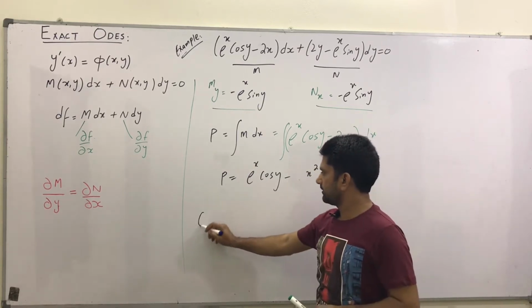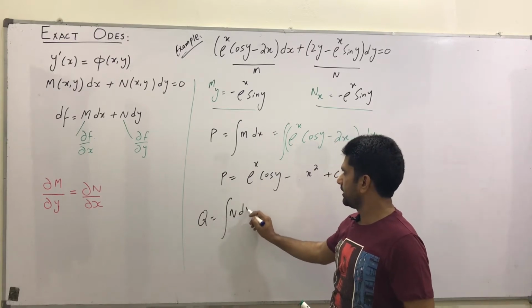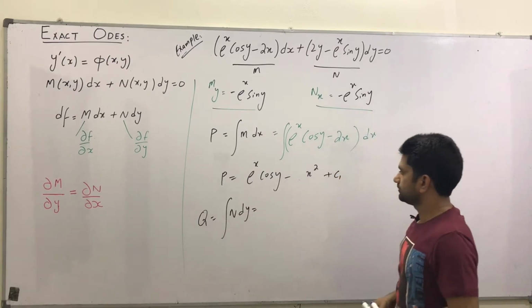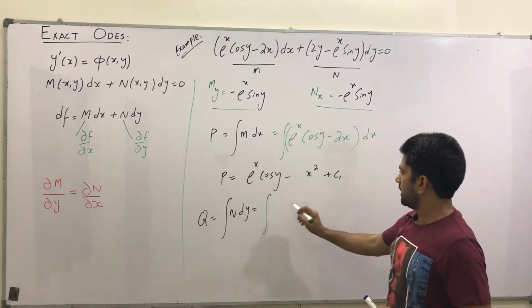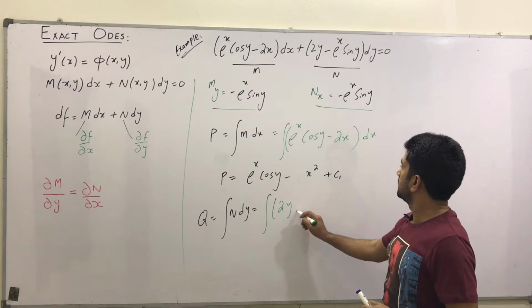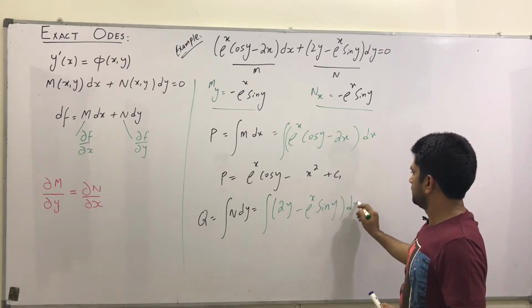In the next step we find Q, which is integral of N dy. Again our N is 2y minus e to the power x sin y into dy.